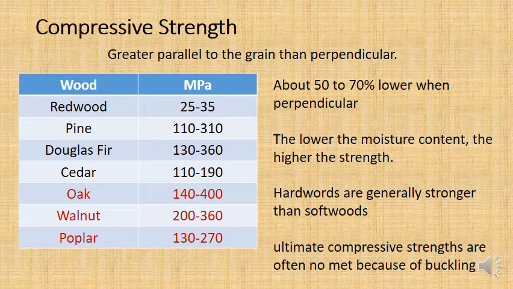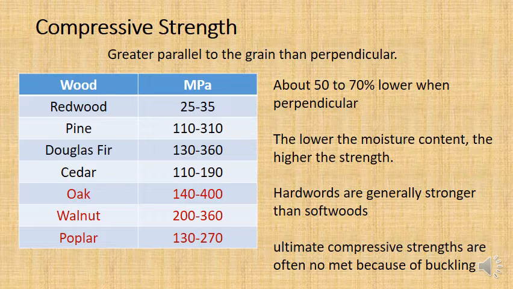Bamboo has very poor compressive strength, but for the others, it's usually a little bit lower than tensile strength. Not always. Sometimes some woods actually have better compressive strength than tensile strength. So walnut is an example of that. But generally, it's a little bit lower than tensile strength.